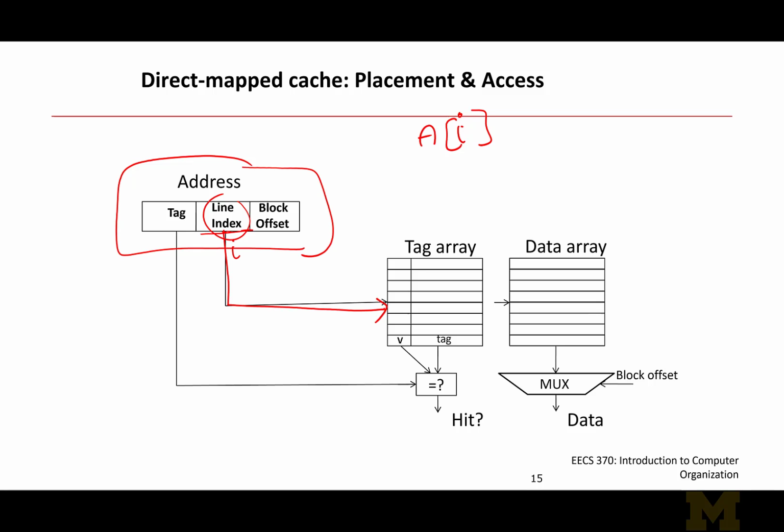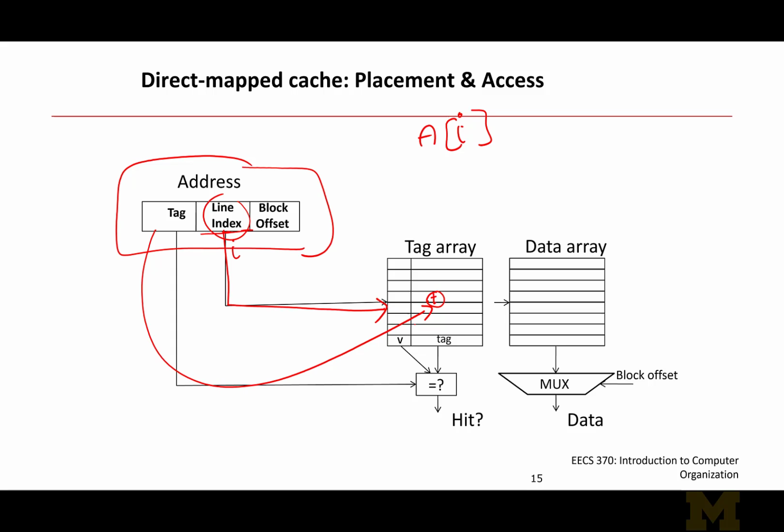And there's a data array corresponding to that. And so whenever I want to access the cache, I'm going to take this line index, get access to the tag, and then compare if this tag matches with this tag or not.